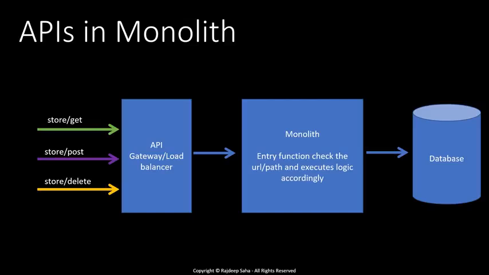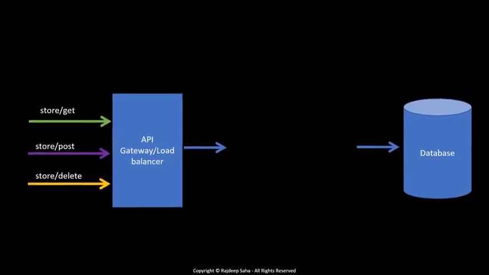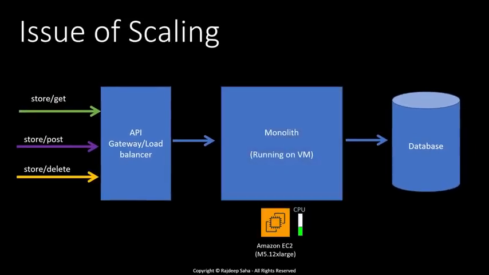Now let's talk about the scaling of monolith. Let's say our monolith is running on a virtual machine. And since you are running this huge program as one executable, you need a sizable EC2 instance. In this example, this EC2 is M5.12xlarge, and we have these 3 different traffic patterns coming in for store/get, store/post, and store/delete.